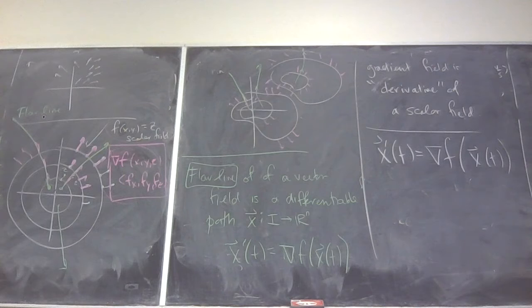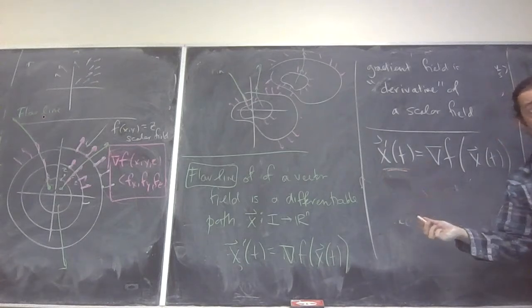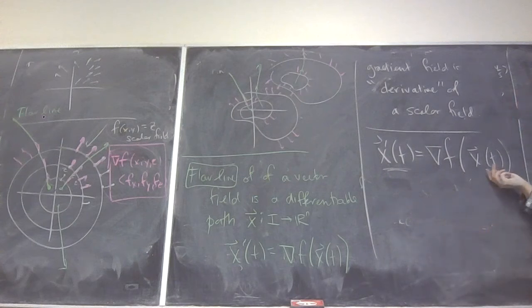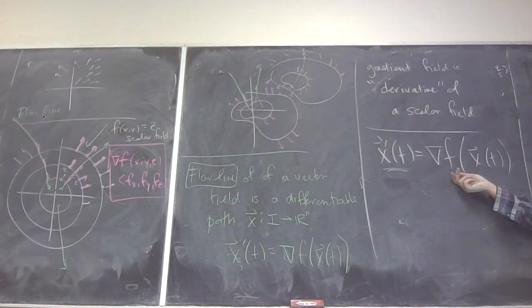We should think about this definition for a second because there's a lot of meat in this. It's a path that satisfies this property. What on earth could that possibly mean? I can't just write down an x and assume it's a path. Geometrically, what am I saying? I'm saying the velocity of the path is equal to the gradient at that point, the size of the gradient vector at that point in the path.